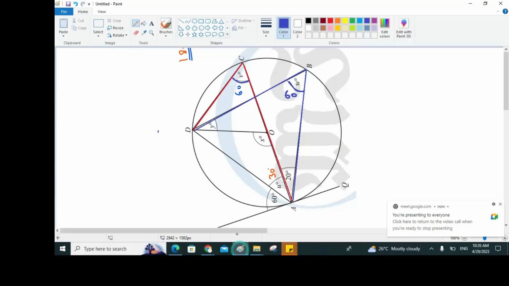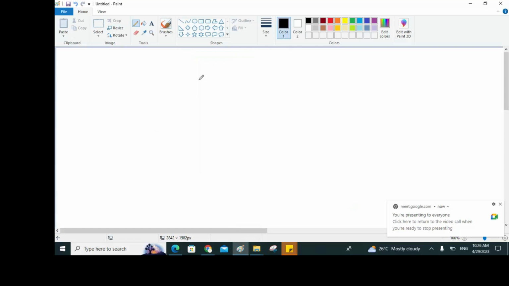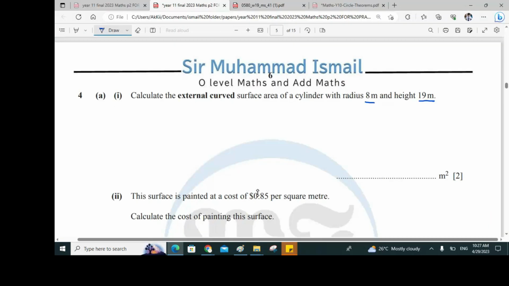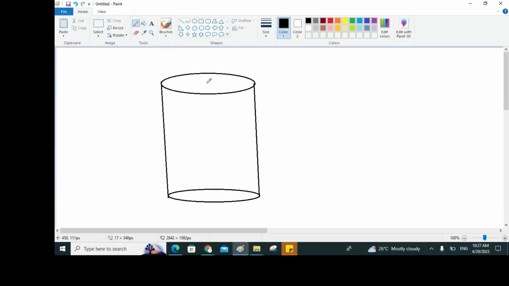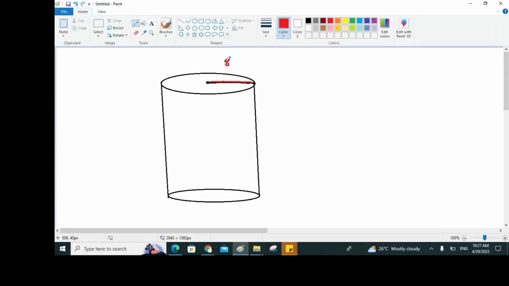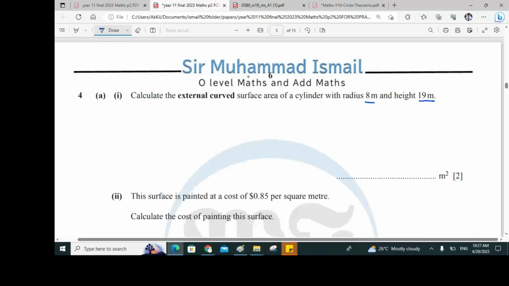Now what's given in this question is, this is a cylinder, right? And there they have given me the radius. The radius is given as 8 meters, and the height is 19 meters.